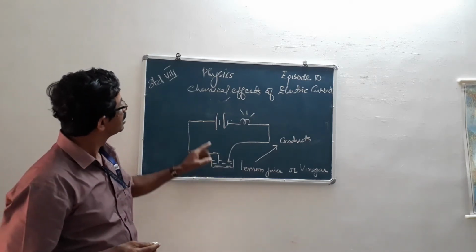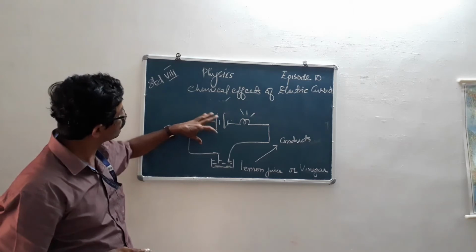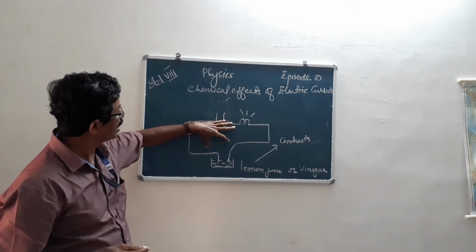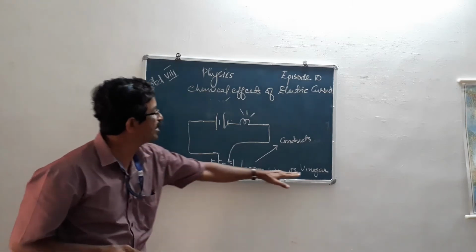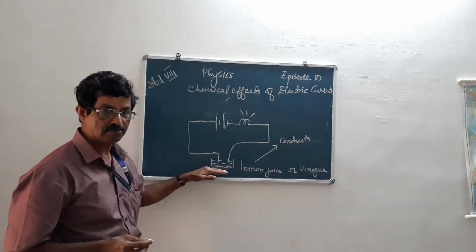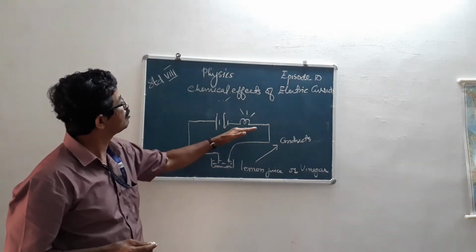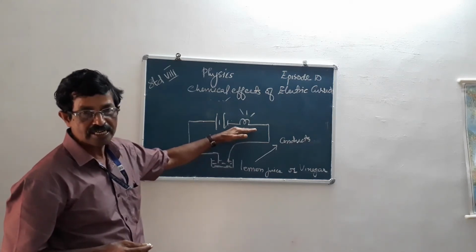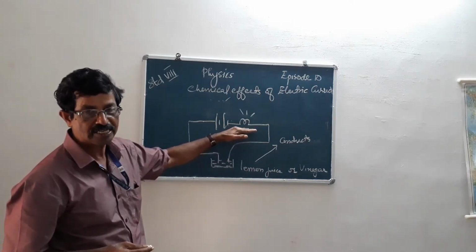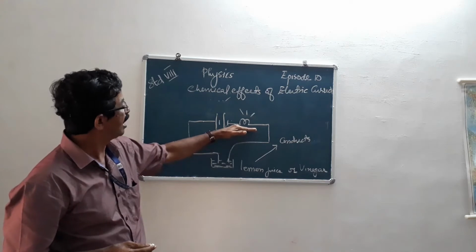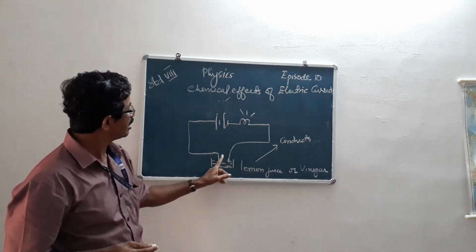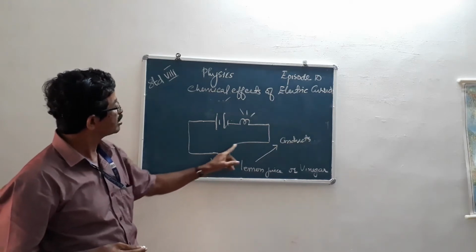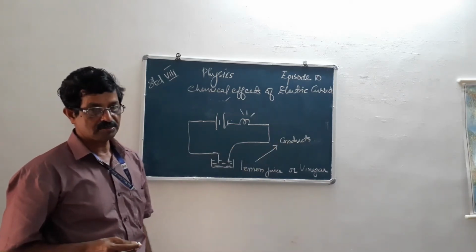What we did here is dip the free ends of our tester into the lemon juice or vinegar taken in the bottle cap. Then if the bulb glows, the circuit is completed and the liquid conducts electricity. Sometimes the bulb may not glow.